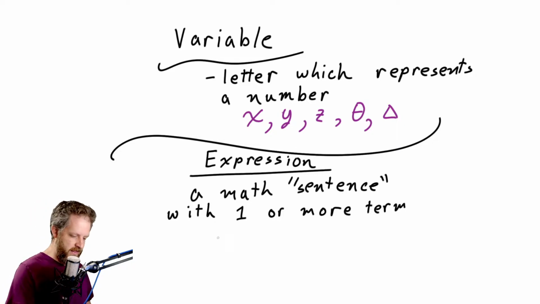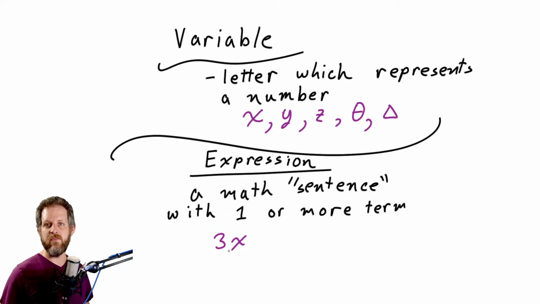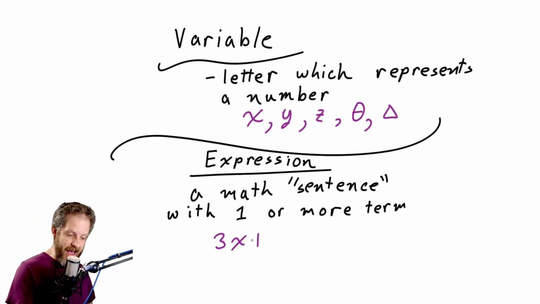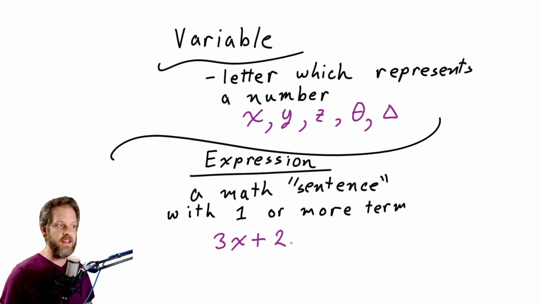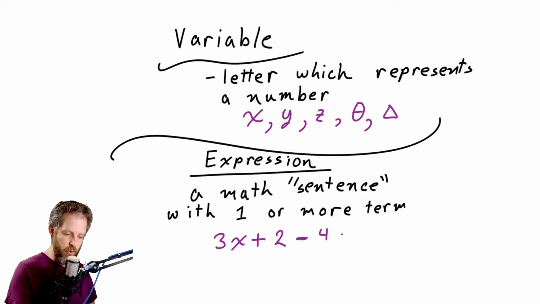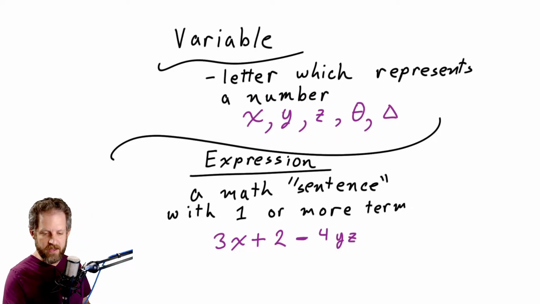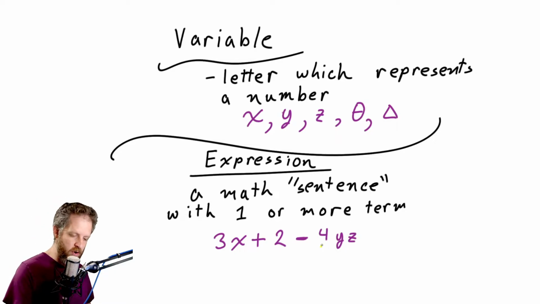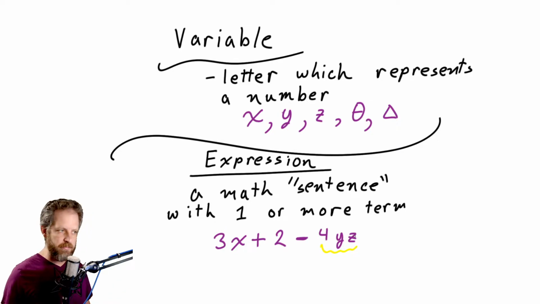So something like 3x could be a term. And we could add another term like 2. A term can be just a number. So we can subtract 4yz. All of this whole thing is one term. So it's the stuff that's multiplied together.